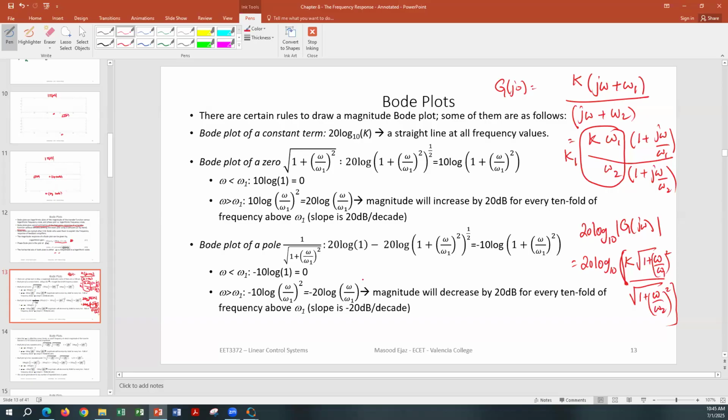So you can write this down as 20 log 10 of K plus 20 log 10 of the square root of 1 plus omega over omega 1 squared, and then the denominator becomes subtraction, 20 log 10 of the square root of 1 plus omega over omega 2 squared.